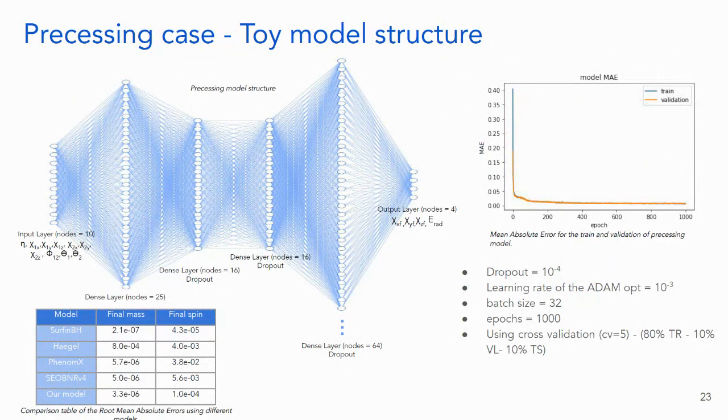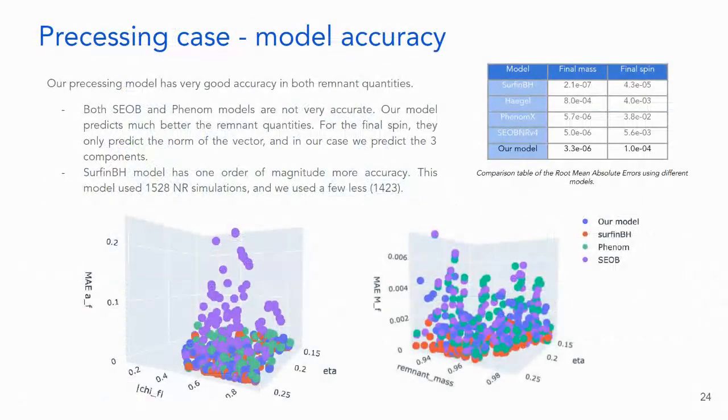In this case, because we have 10 input variables and 4 output variables, in that case the 3 components of the final spin and the radiated energy, we built a somewhat more complicated deep neural network, but it's also quite accurate. So just to look at the comparison of results, here it is much better explained.